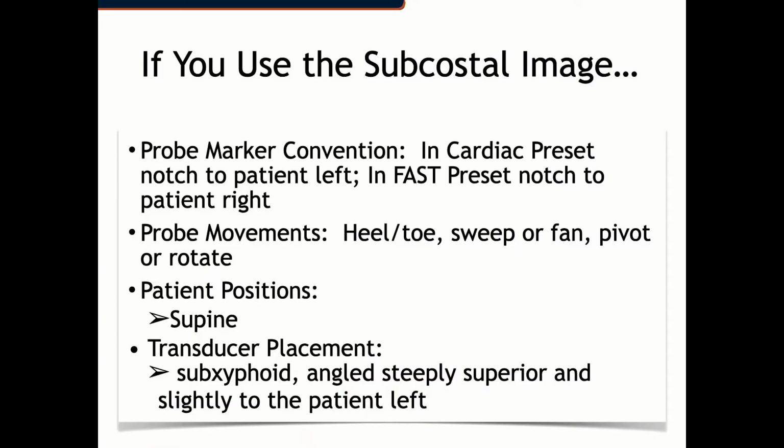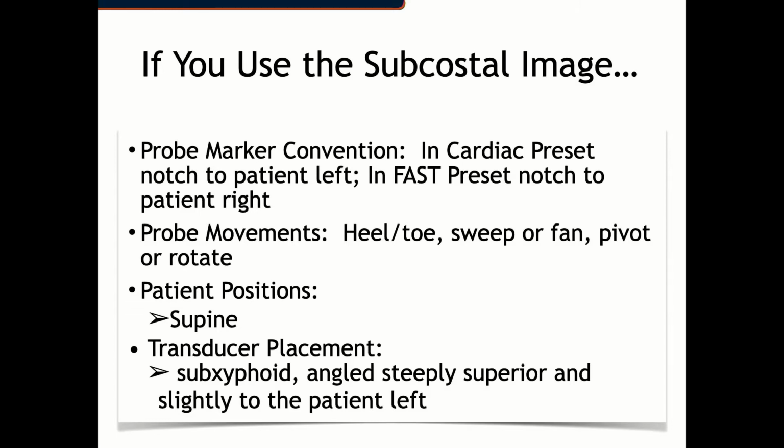Our second cardiac window that is a real go-to window is going to be subcostal or subxiphoid, with a probe marker just inferior to the xiphoid, maybe off a little to one side or the other. If you are in a cardiac preset, the notch is going to go straight to the patient's left.